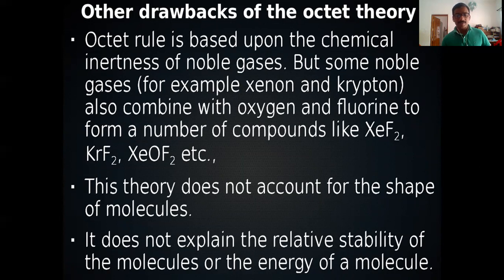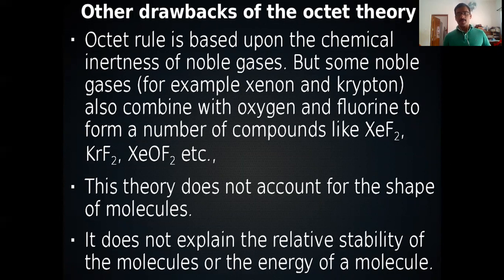This theory does not account for the shape of the molecule. From this theory, it is not possible to identify the shape of the molecule. It also does not explain the relative stability of molecules or the energy of a molecule.